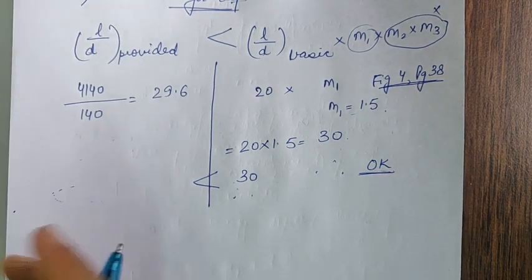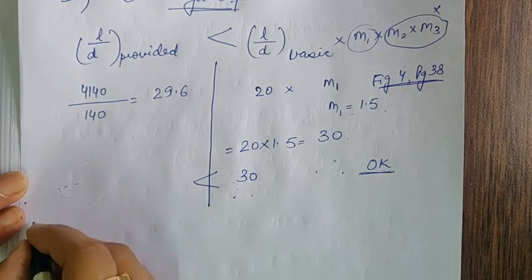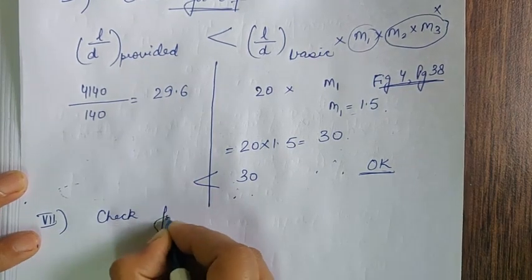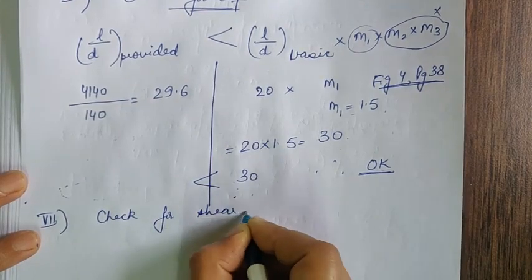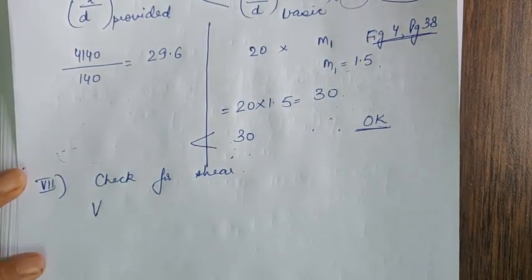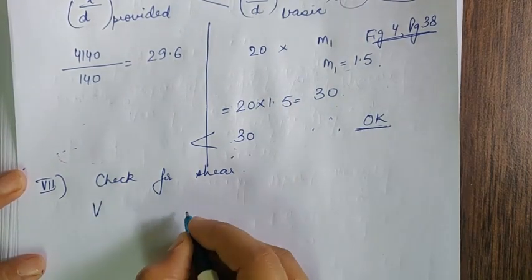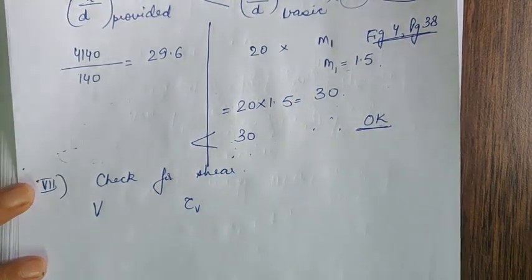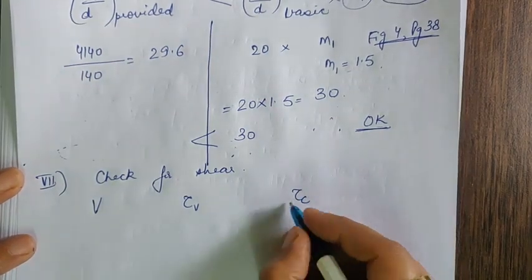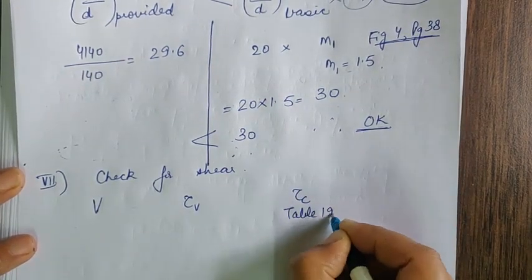Next is check for shear. Again we have done this check in one-way slabs. What was the check? We will find out V. We will find out tau V. We will find out tau C from the code by using table 19.